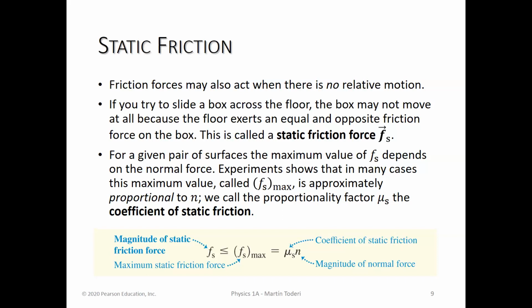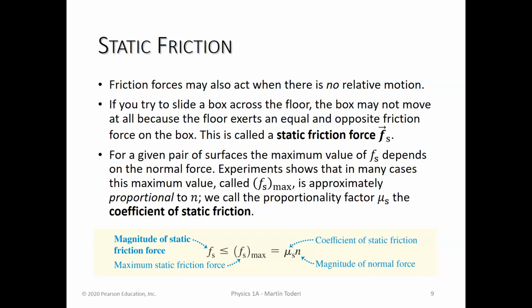As long as you keep increasing the force you are exerting on the block, the static friction force will increase until some breaking point is reached and you start moving the box.